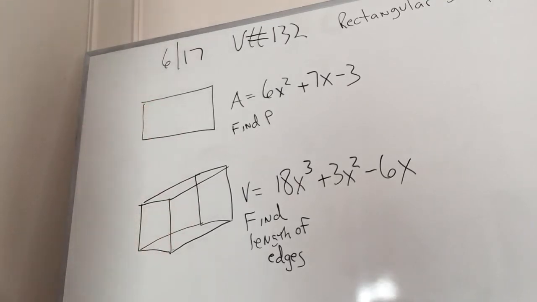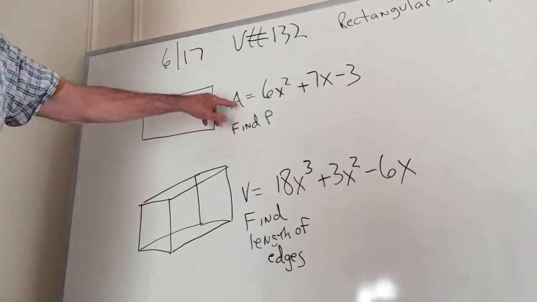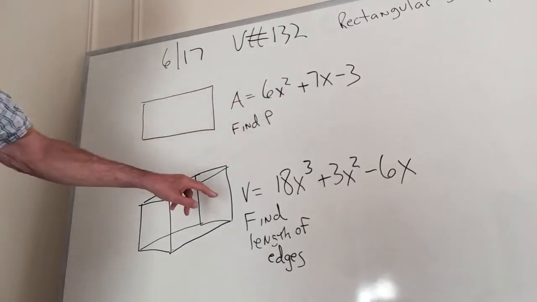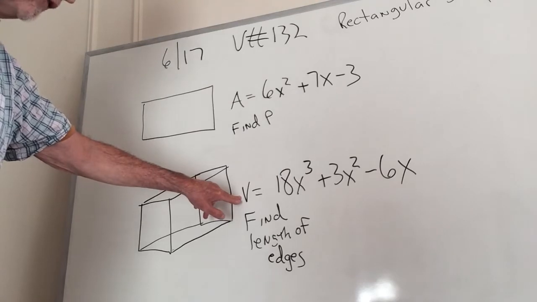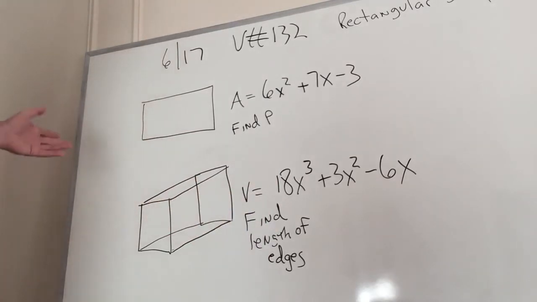You should be very familiar with that by now. In the first case, they give you the area and ask you to find the perimeter. In the second case, they give you the volume and ask you to find the lengths of the edges. This is just typical stuff that you did in 8th grade.